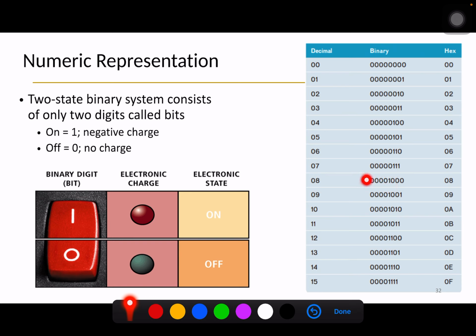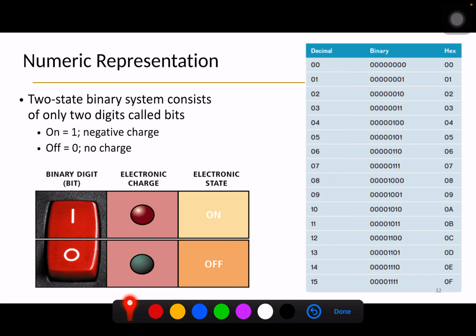So this is number 8 in binary representation. This representation will be stored or processed by the computer. So when they process and store 00001000, it means it stored or processed number 8.